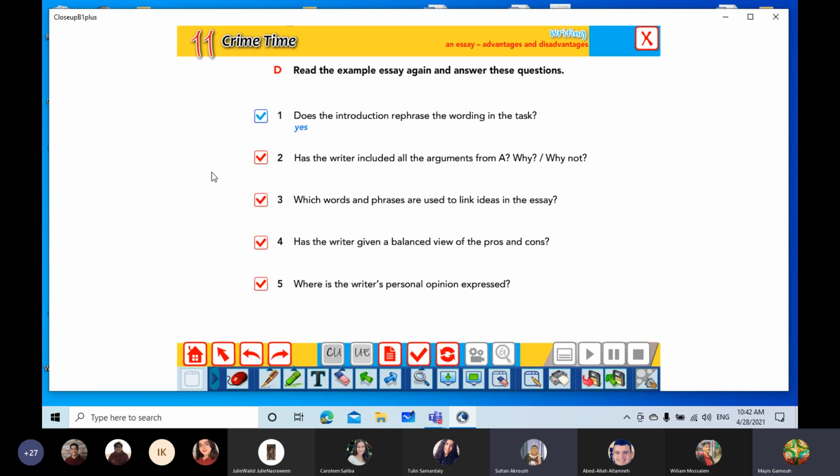Are you sure? No, in A, he hasn't included all of them. All right, so in A, he didn't get all of them because 3 and 4 go to A. It cuts prison costs, and 4, it allows people to stay with their families. Did he discuss that? No. No, thank you. Let's go to number 3 in here.